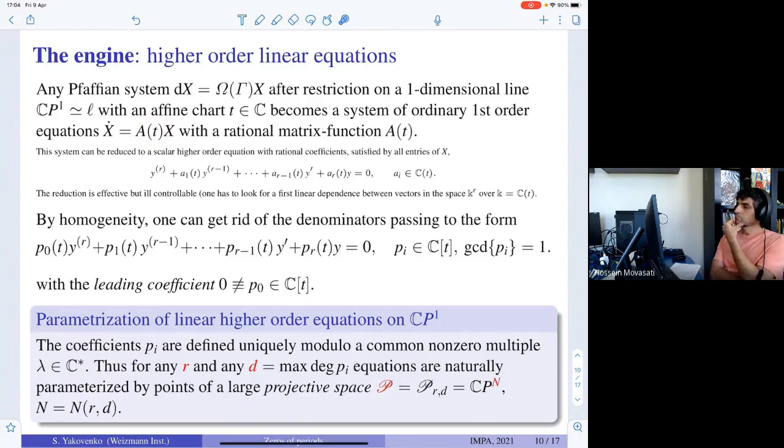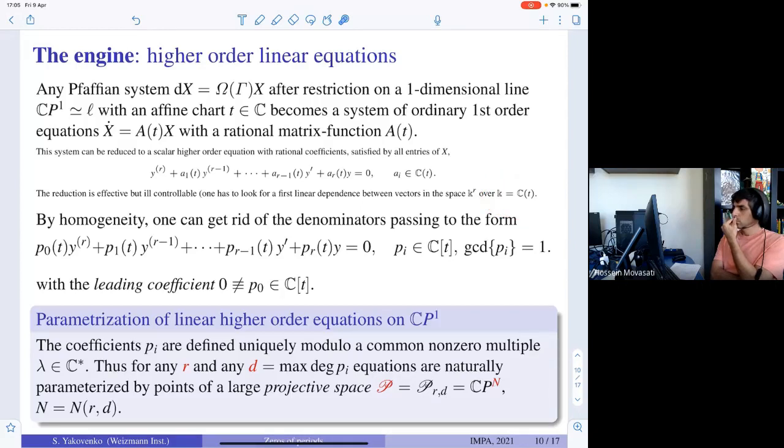And any such rational matrix system can be reduced to a scalar higher order differential equation for each of the components, or for all linear combinations of the components. So this is the idea that you differentiate, say, any linear combination which you need, a linear combination of entries of x(t), and then you differentiate as long as you have a linear dependence over the field of rational fractions.